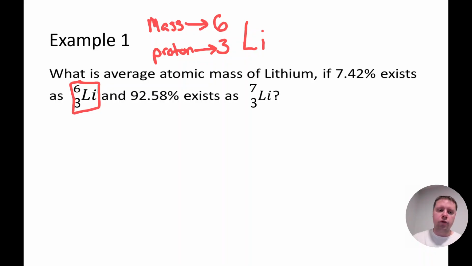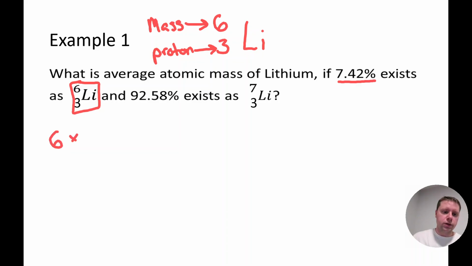Okay? So if we read the question carefully, the first isotope they give us is actually that lithium-6, the lithium with the mass of 6. The abundance for it is the 7.42%. So we're going to use the first mass they give us, which is 6.